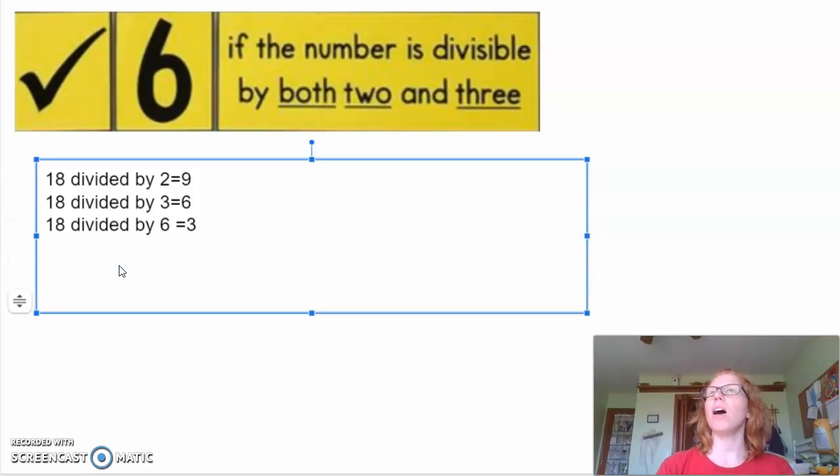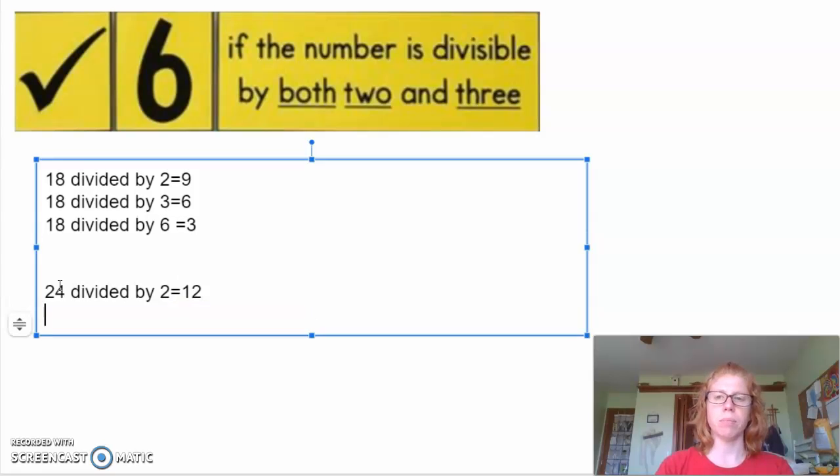Let's try the number, let me pick a number. 24, the number 24. 24 divided by 2. If I split 24 in half, I will get 12. 24 divided by 3 is what? 8.